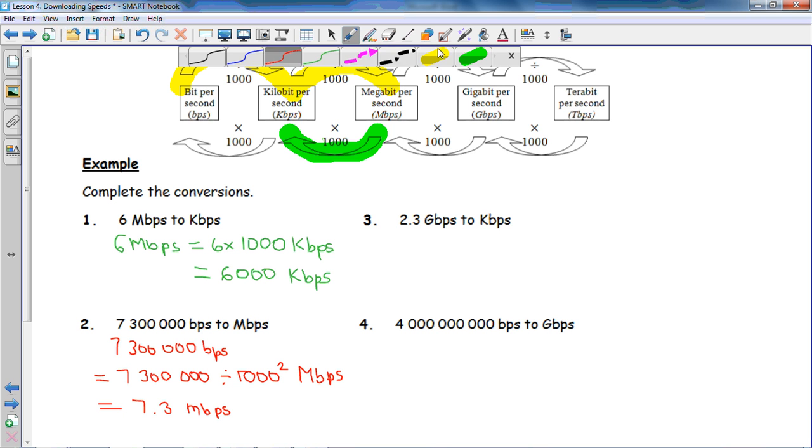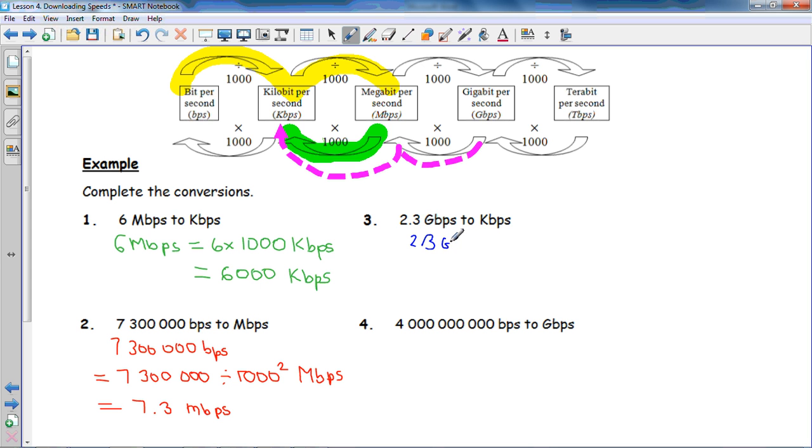Now to our next example, we're starting at gigabits per second and we're going to kilobits per second. So we're going to multiply by 1,000 twice. So 2.3 gigabits per second, and we're going to multiply that by 1,000 2 times.